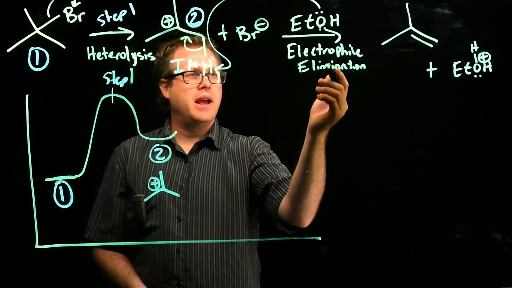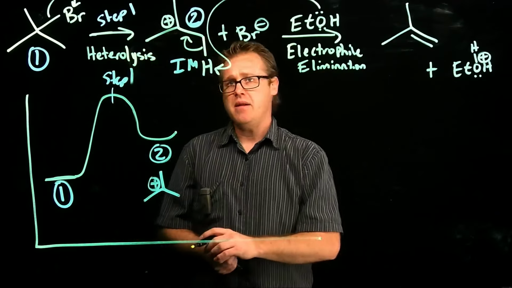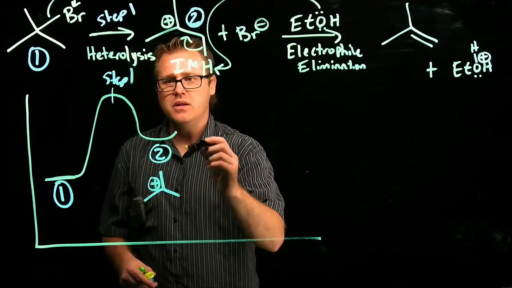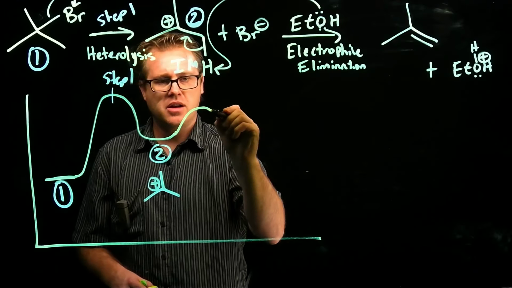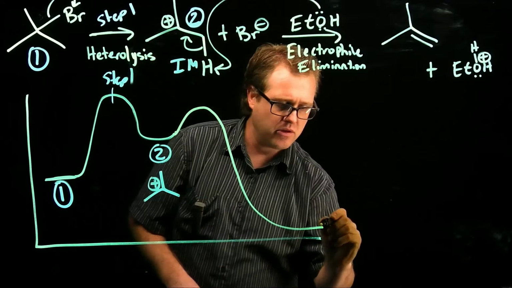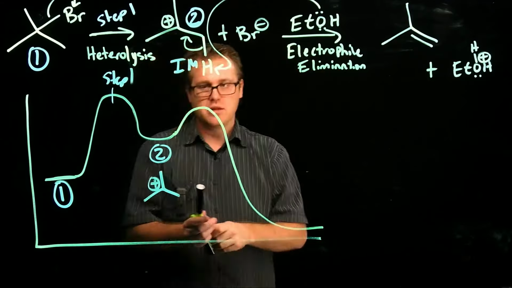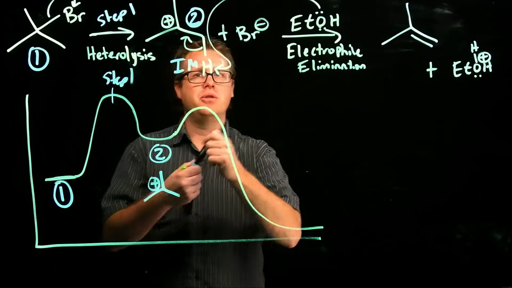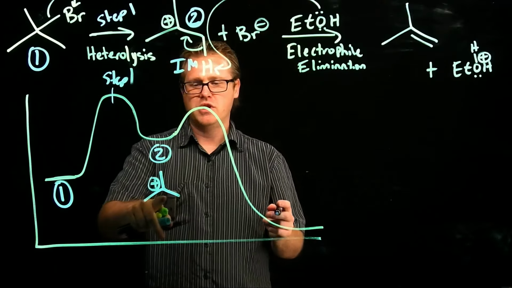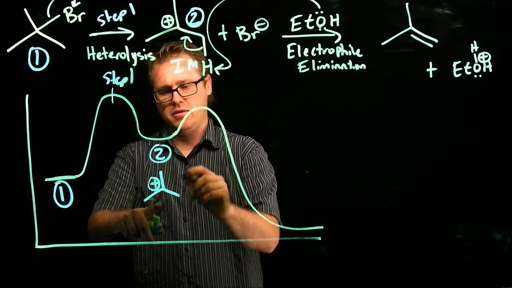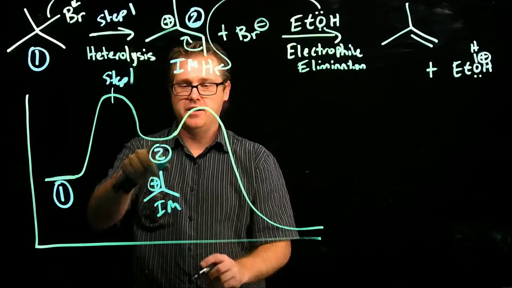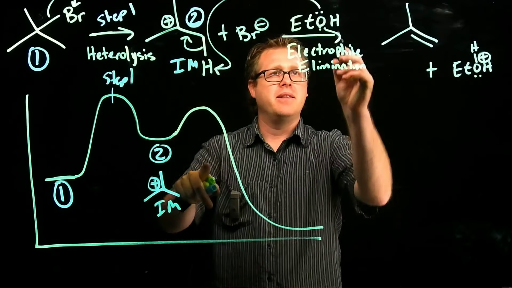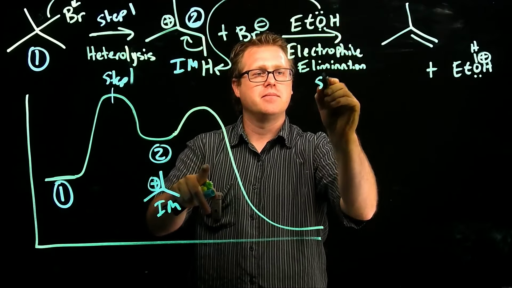We then do an electrophile elimination step, which isn't as hard. And then we go to our product. So that's 2, which is our intermediate. So we have to make sure we understand that's our intermediate. And then this is step 3.